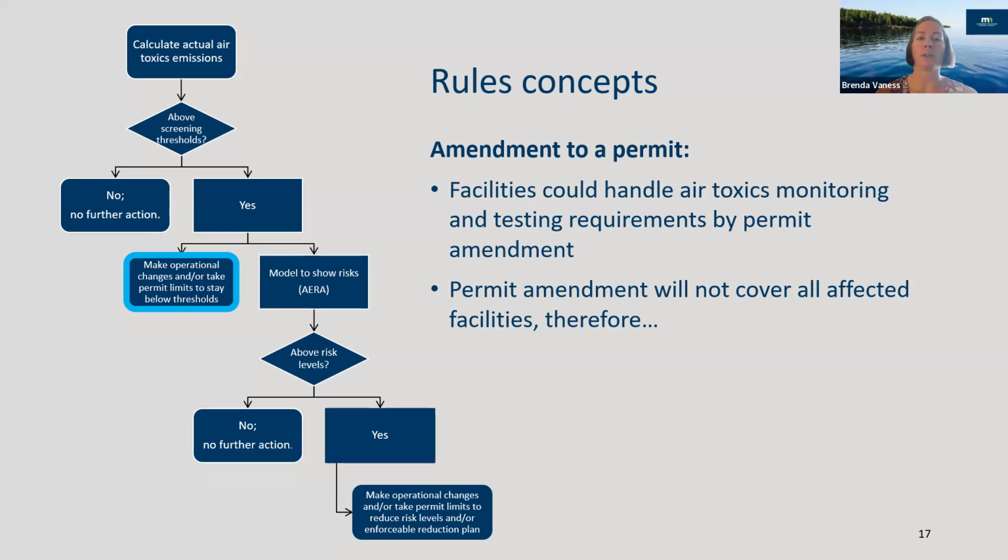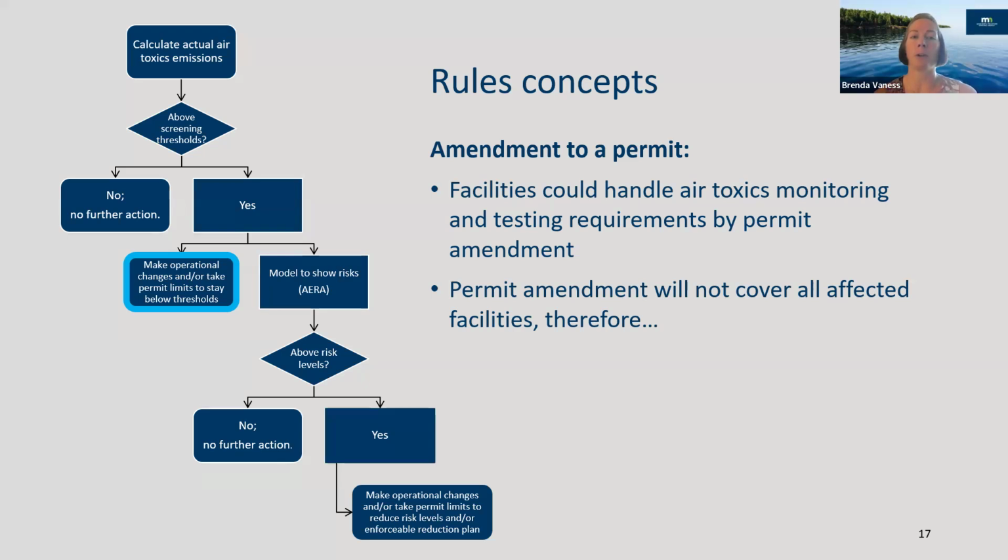So the facility would have to determine what they need to do to get below screening thresholds, whether that's through taking limits or restrictions on throughput or hours of operation. And then they would also have to determine what type of air toxics monitoring and testing they would need to do to ensure that they're below the screening thresholds and stay below those screening thresholds.